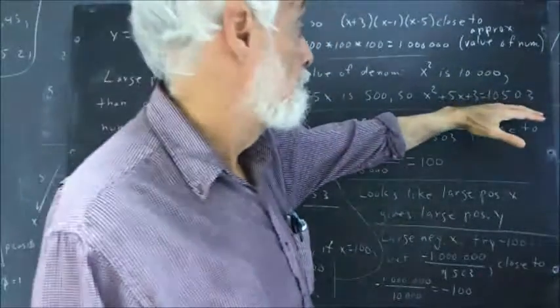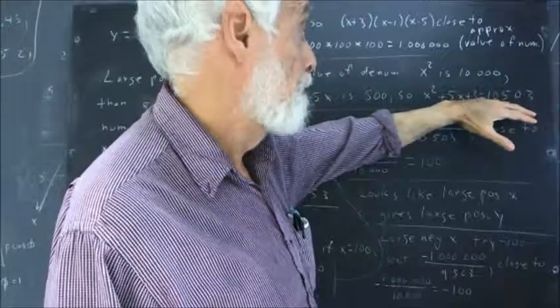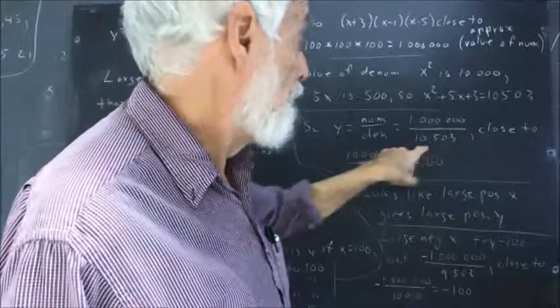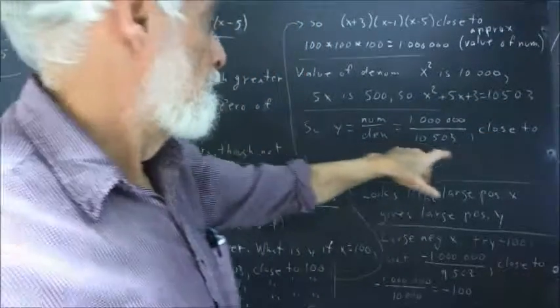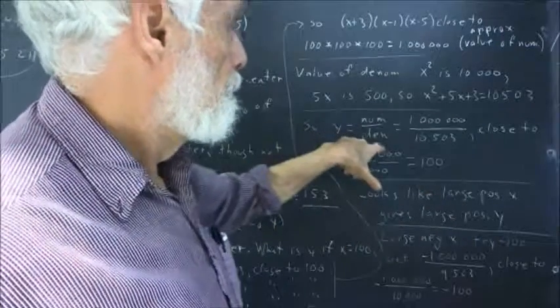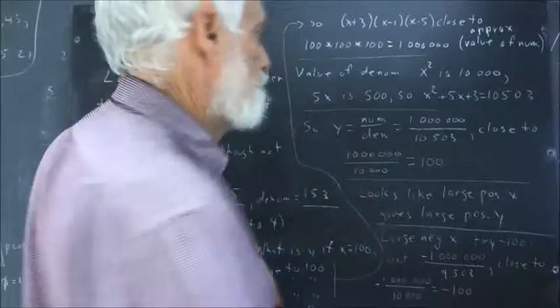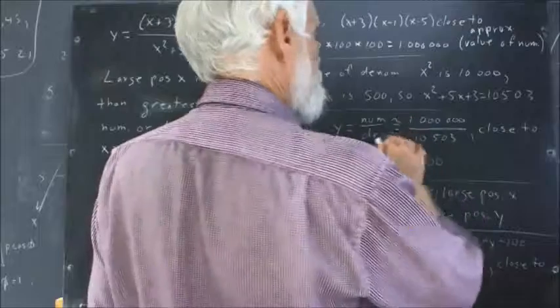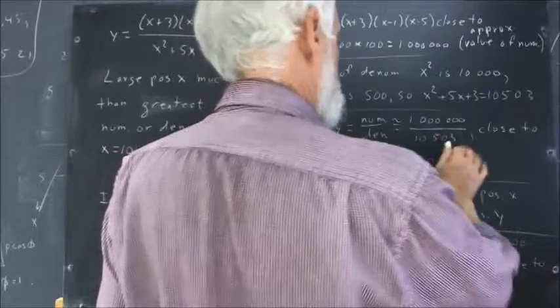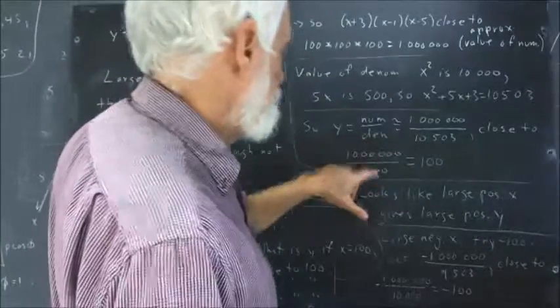What's that close to? Well, it's close to 10,000. So y, which is the numerator over denominator, is approximately 1,000,000 over 10,503, which is still approximately 1,000,000 over 10,000, which is 100.